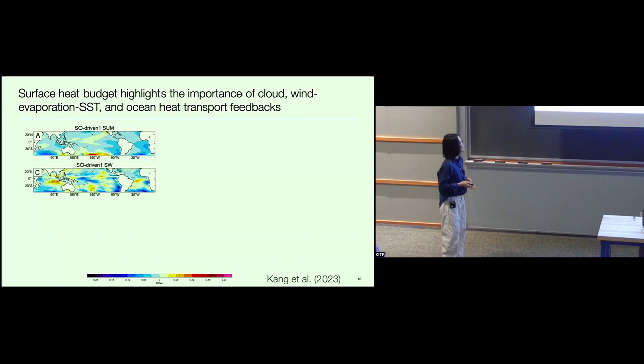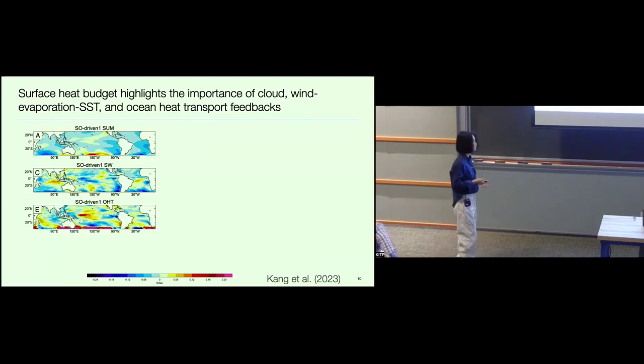If you look at the shortwave component, you see very similar patterns in the regions where we see this cooling. Both along the coast of South America and the coast of Africa, we see this cooling, and these are hotspots where the stratocumulus clouds are very active. And then the ocean heat transport term is giving us cooling in the equatorial Eastern Pacific and also in the equatorial Atlantic.